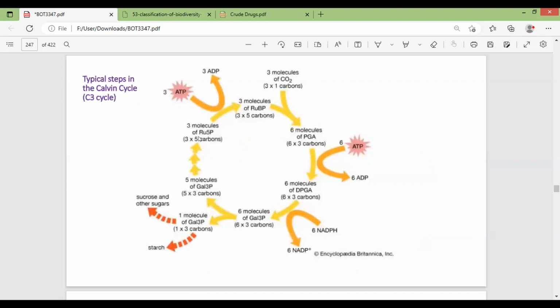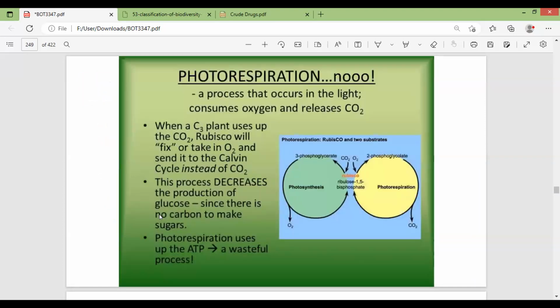We're not going to look at all of these steps. All we're going to mention is that once it has taken up CO2, through a series of steps we form our sucrose and other sugars, including starch. So we form our sugars in the Calvin cycle, or the dark reaction. That is it with photosynthesis.